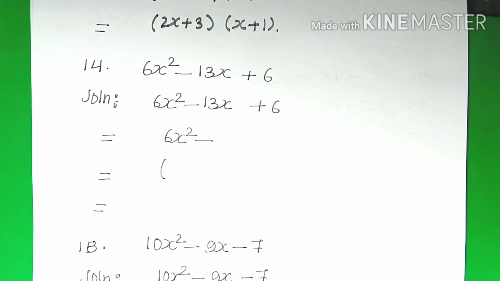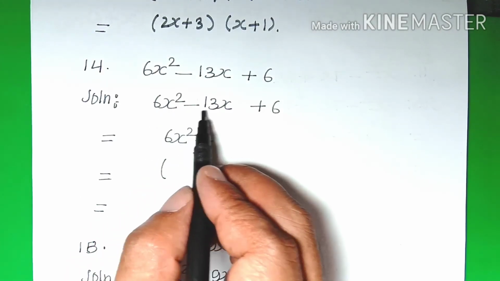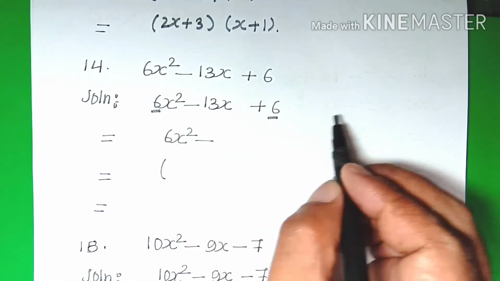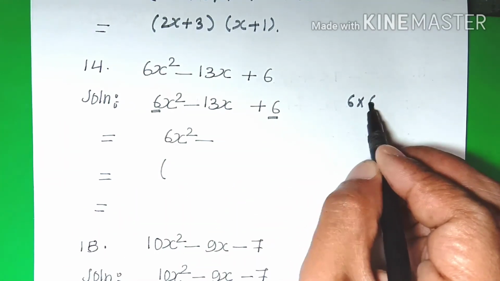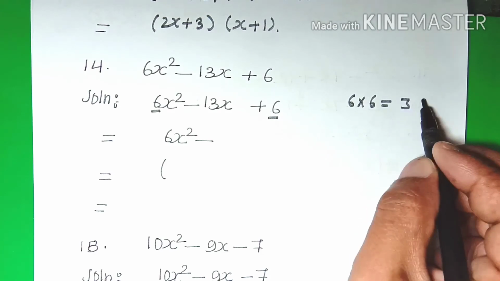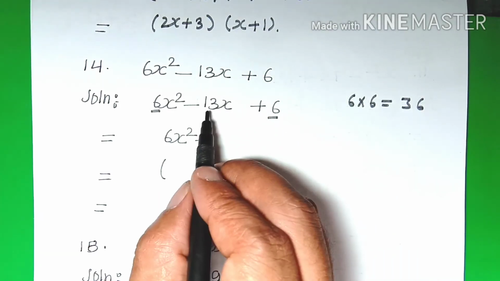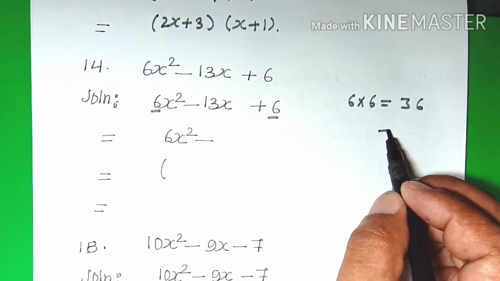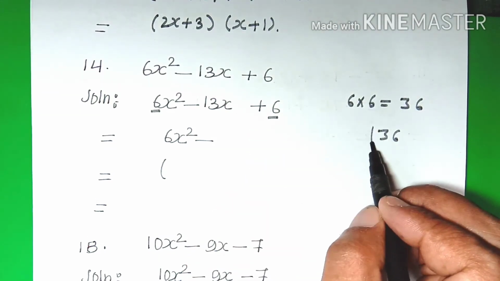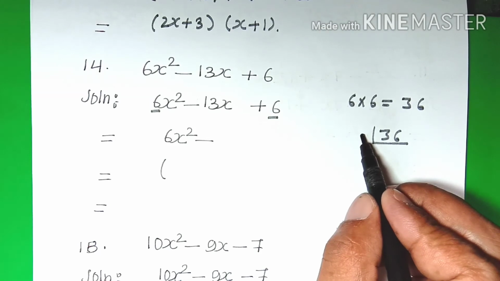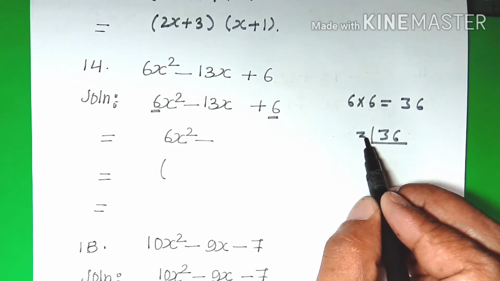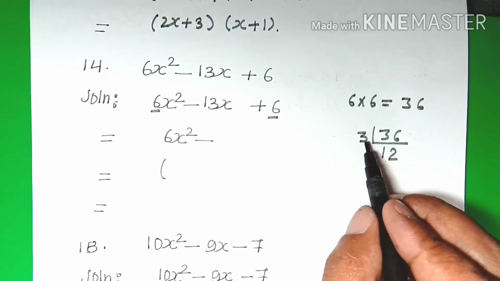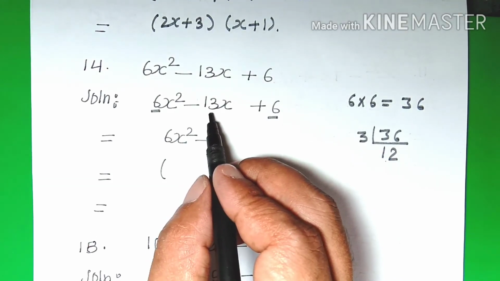Now the next one we can see 6x squared minus 13x plus 6. Now first step, take these two. So we can see 6 times 6 equals 36. I need a sum of 13 with the help of the plus sign. So 36 is divisible by, you can take a trial here, if I take 3 into 1, then 3 into 2, 12 plus 3 not equals 13.